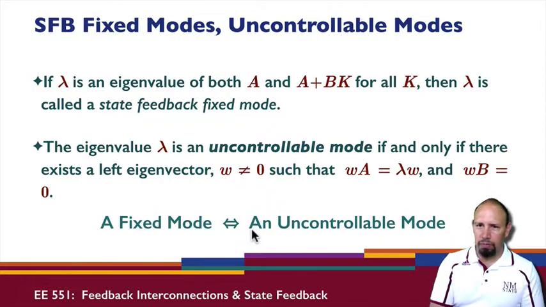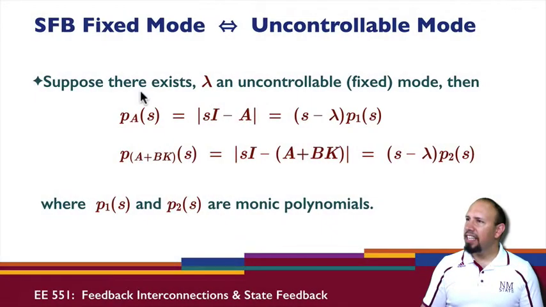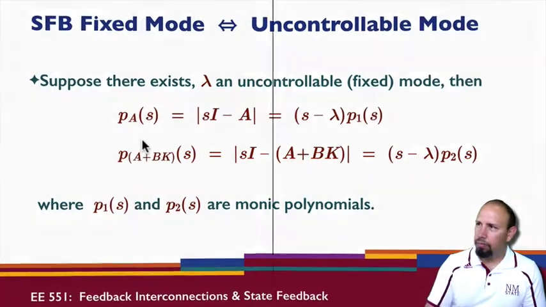Suppose there is a lambda so that I can factor s minus lambda from the characteristic polynomial of A, and also from that of A plus BK, for some polynomials P1 and P2. So we can factor some constant term out of both of these polynomials.